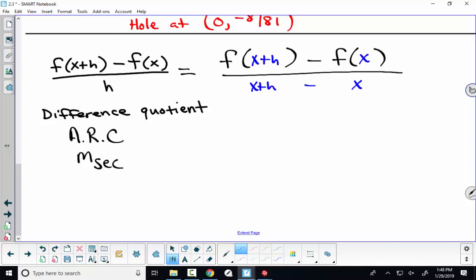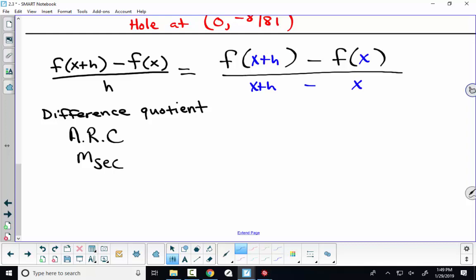That's exactly right. Specifically, if we look at the difference quotient, which was the slope of a secant line, and we allow h to approach 0, this location on the x-axis is approaching this location on the x-axis, right? If I let h approach 0, doesn't x plus h approach x? So the moment I involve a limit, the limit as h goes to 0, the average rate of change becomes the instantaneous rate of change.